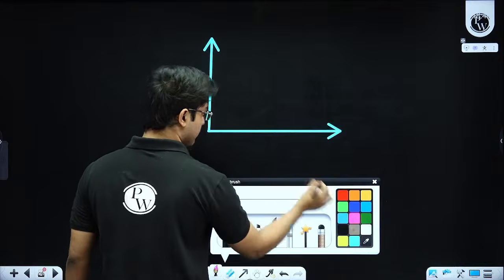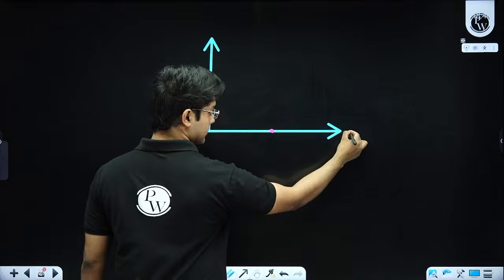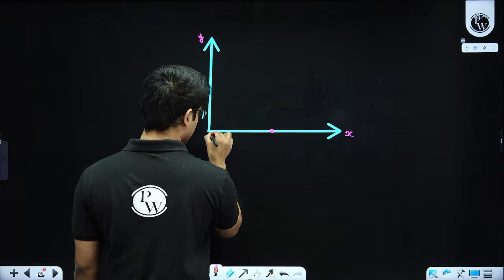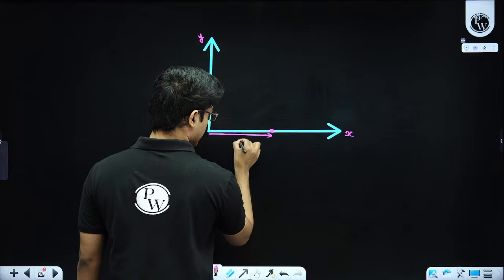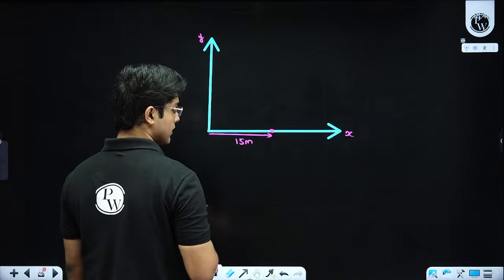So let's say we have some particle which started somewhere on the x axis, and over here I am saying the x coordinate is 15, okay, 15 meters along the x direction.